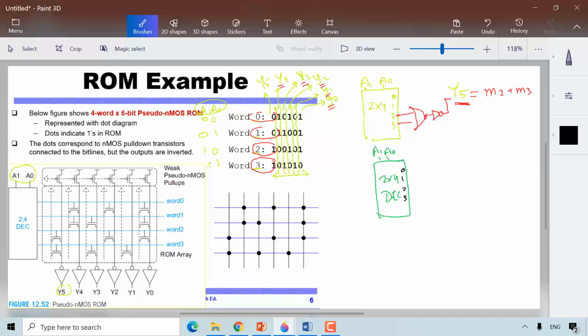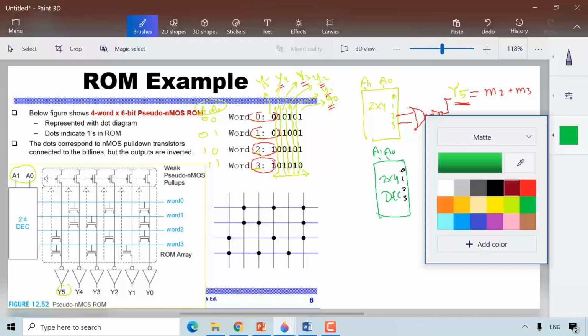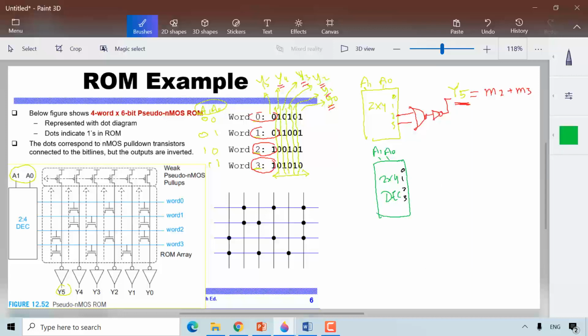Clearly for Y0, I have to sum minterm 0 plus minterm 1 plus minterm 2.